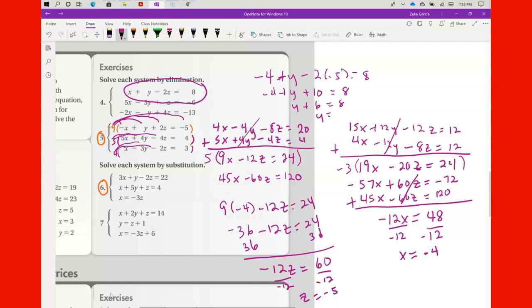Subtract 6 from both sides. So y equals 2, x equals negative 4, and z equals negative 5. So you have negative 4, comma, 2, comma, negative 5. And that's the way I taught you in class, okay?